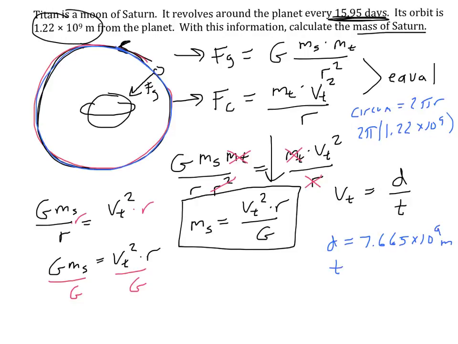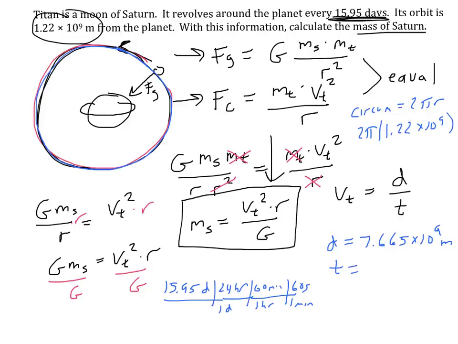The time is 15.95 days, but I want that in seconds. So 15.95 days, there are 24 hours in one day. There are 60 minutes in 1 hour. And there are 60 seconds in 1 minute. So I'll calculate that. 15.95 times 24 times 60 times 60.